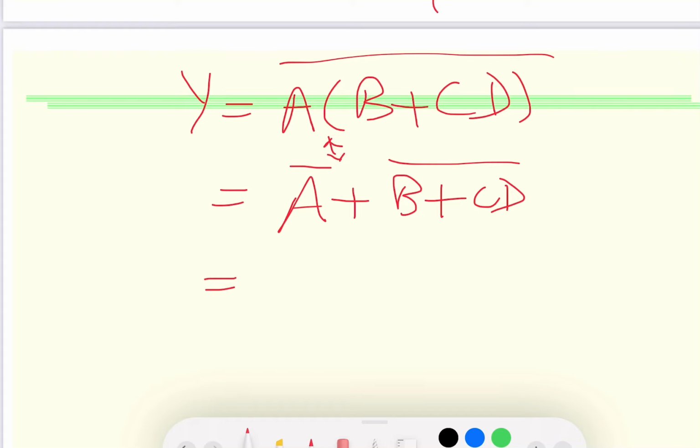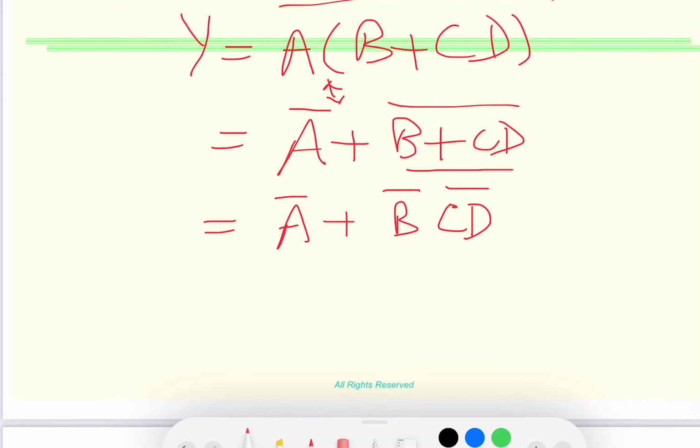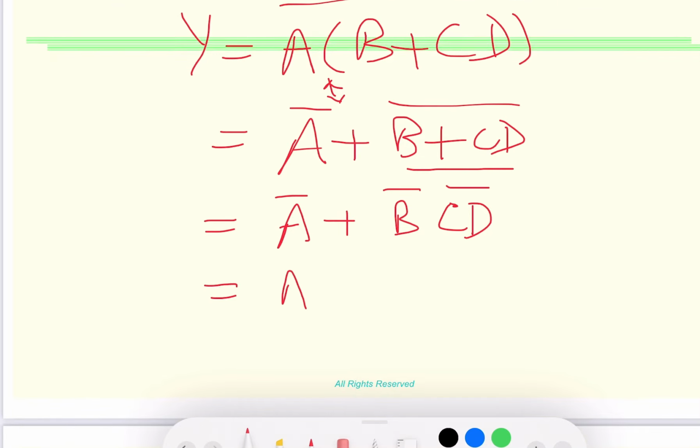Then this can be further simplified as A complement plus B complement and CD complement. It's more like divide and rule, and we can write it then as C complement plus D complement.